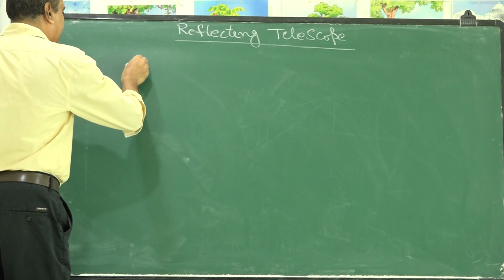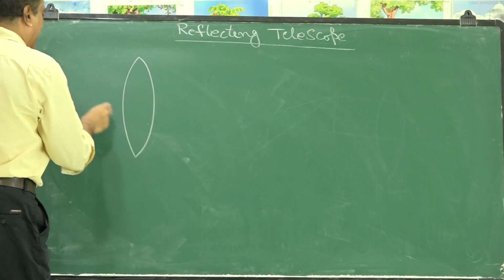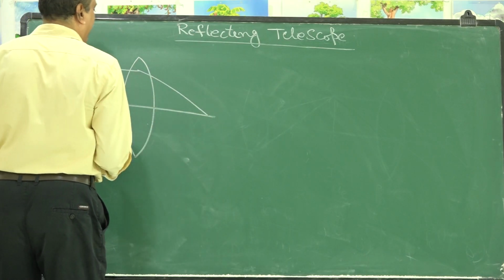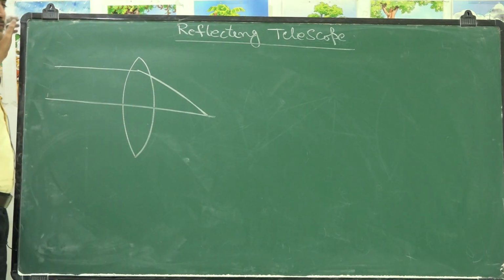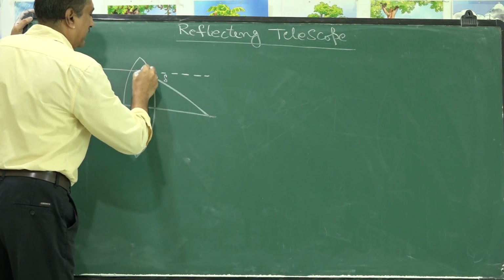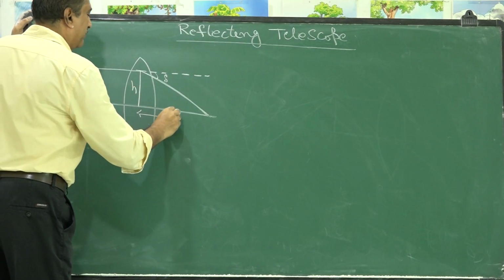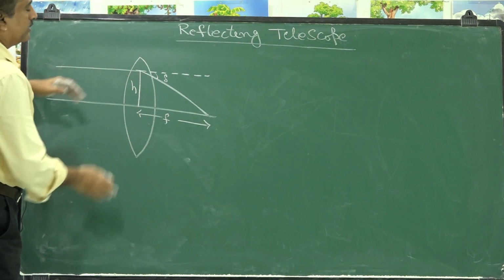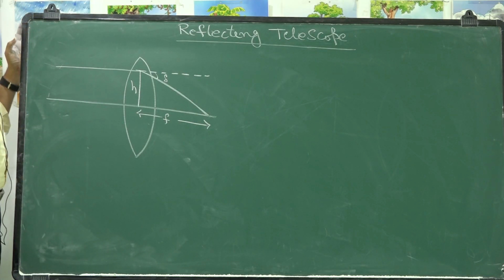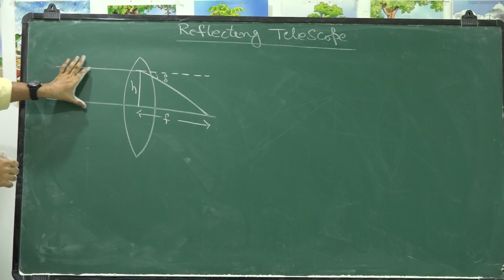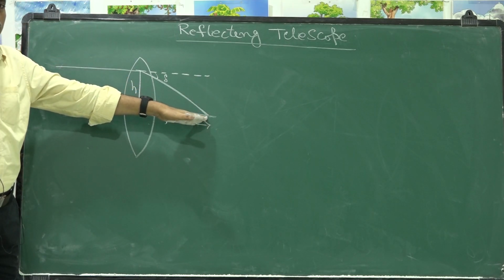Spherical aberration means if we consider a lens of larger focal length and larger aperture, a ray incident on this will be deviated like this. This is the angle of deviation delta at a height h, and this is f. For smaller apertures, the rays are very close to the principal axis and are considered paraxial rays, and these paraxial rays come to a single focus.